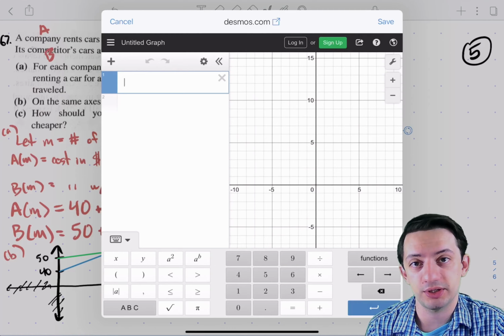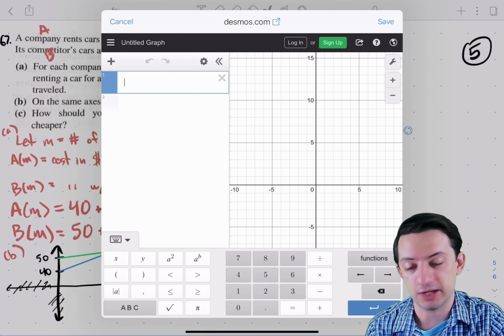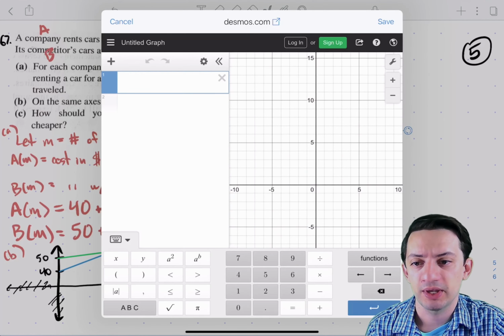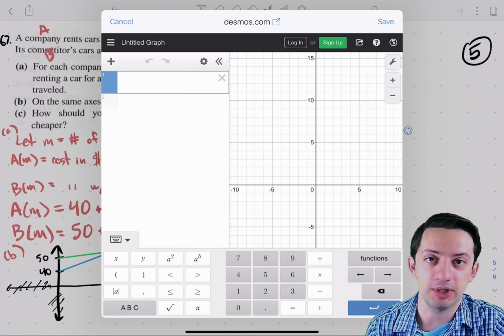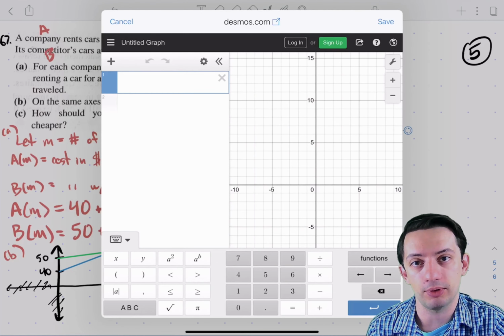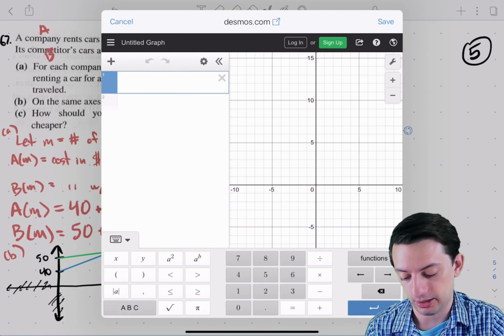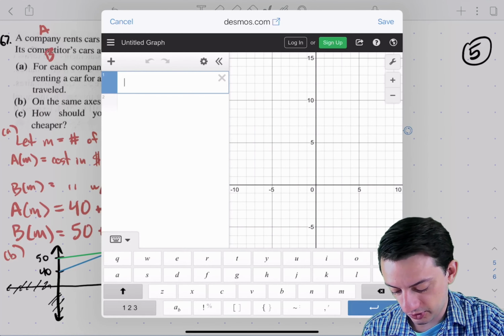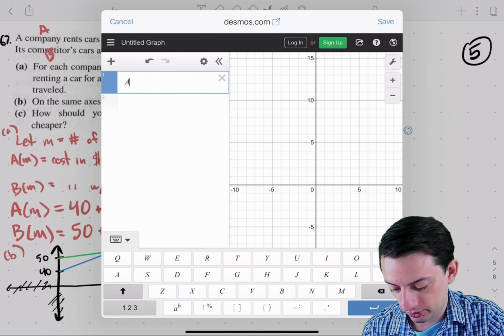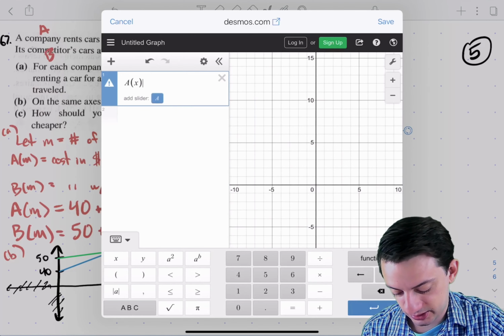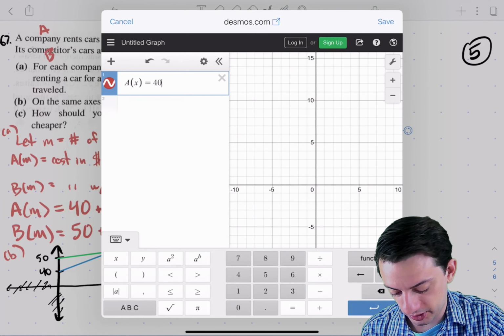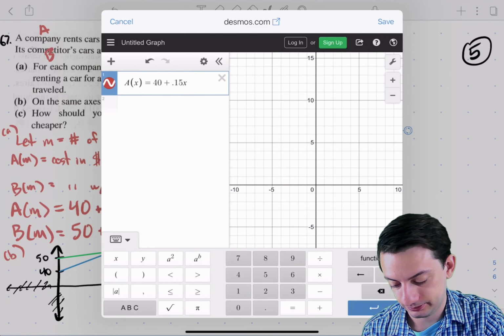Now, one thing with this graphing calculator, remember this is desmos.com and it's totally free to use. It likes all of the functions to be in terms of x. So even though we had m before, we're going to have x here. So let's call our first function capital A of x equals 40 plus 0.15x.